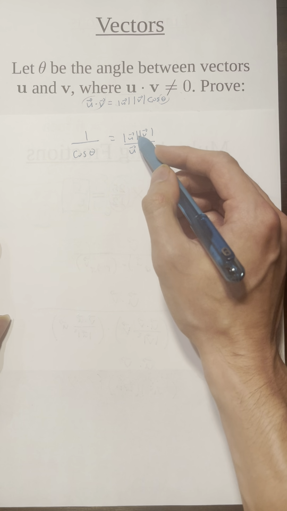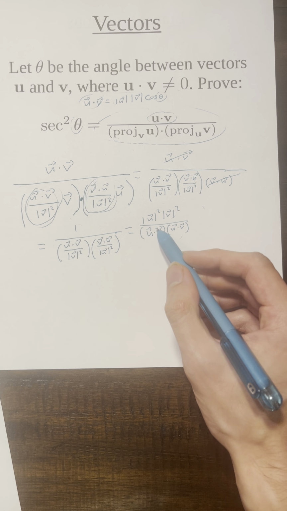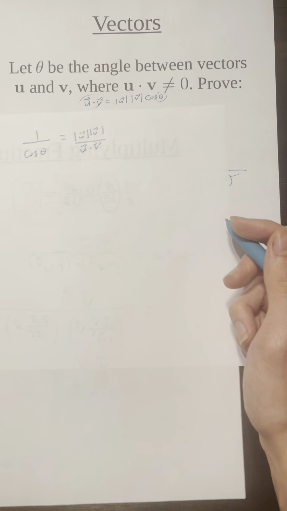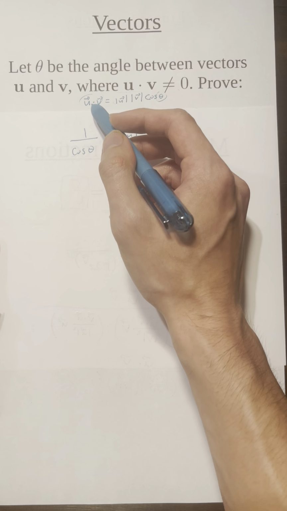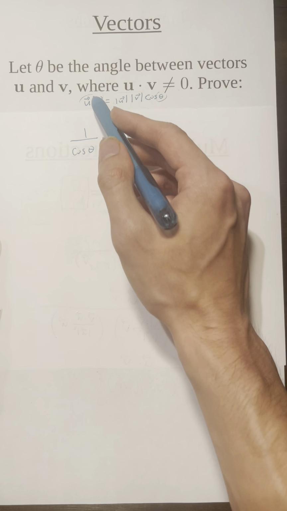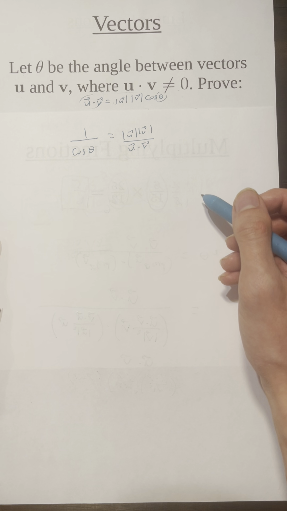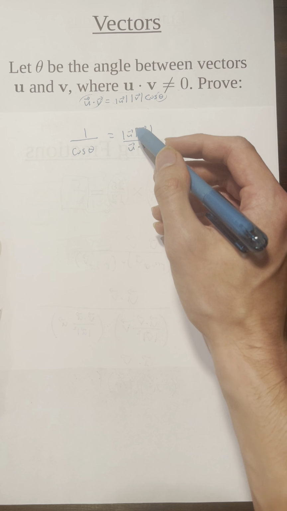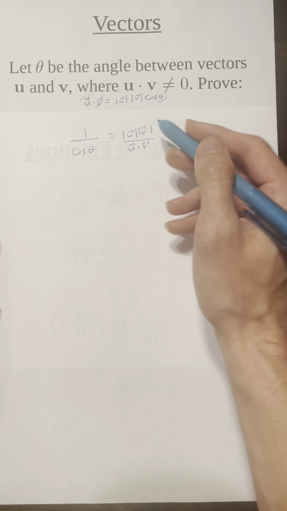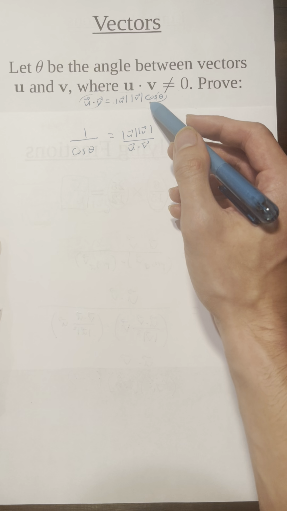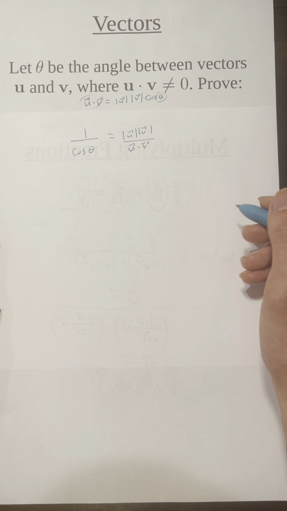So to get it to be magnitude over dot product like it is over here, then we would have to divide both sides of this equation by the dot product. Then we wanted to get this by itself. So we divided both sides of the equation by cosine theta.